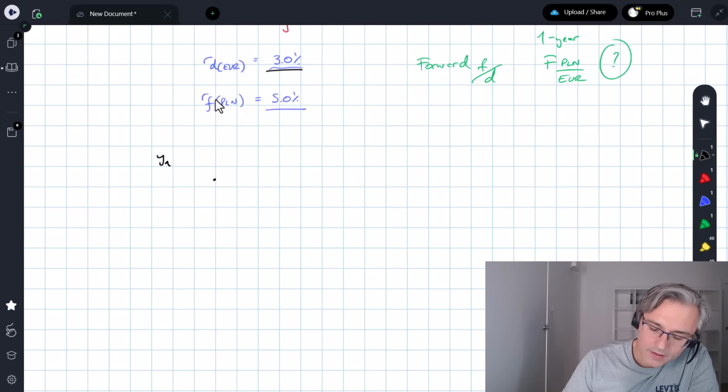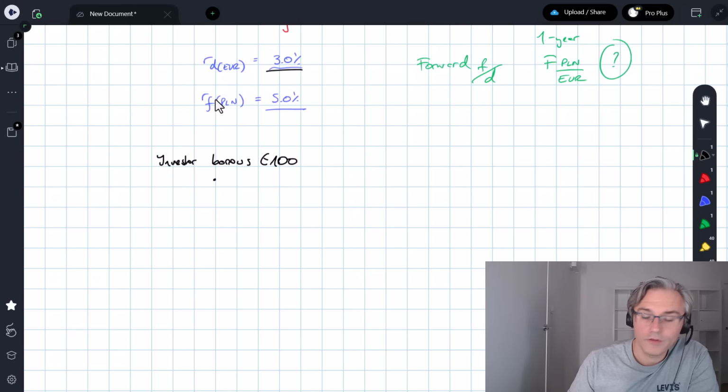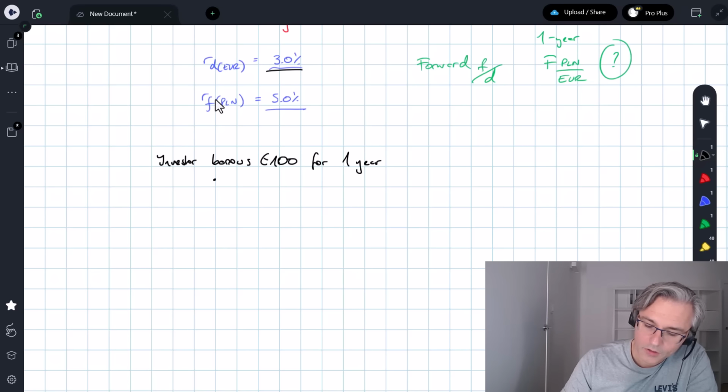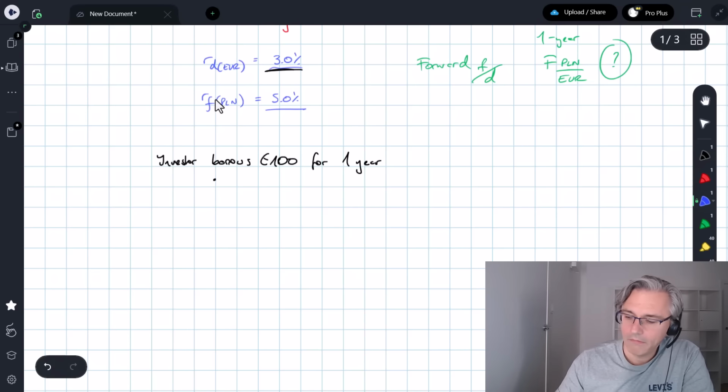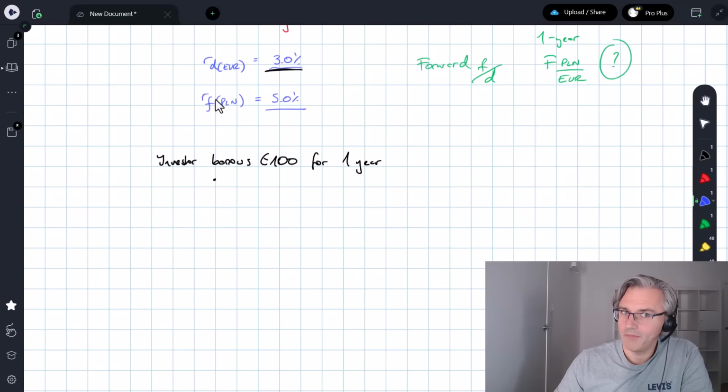So let's say that this investor borrows a very small amount, €100 for 1 year. Obviously, the assumption is they can do this at 3%, which is not necessarily true for most investors because they can't necessarily borrow at the risk-free rate, but this one can.